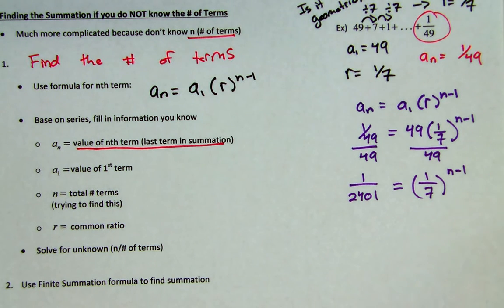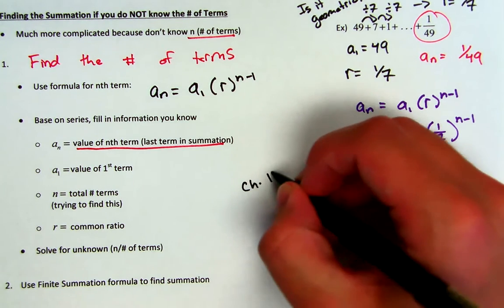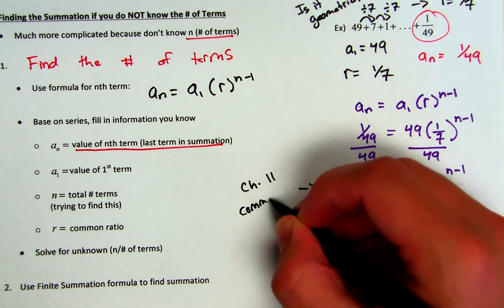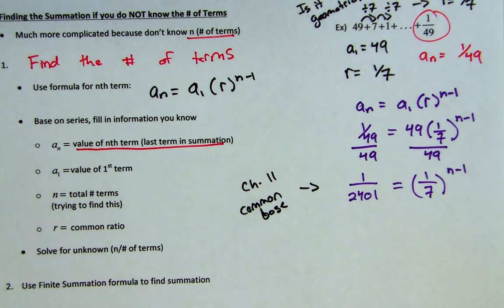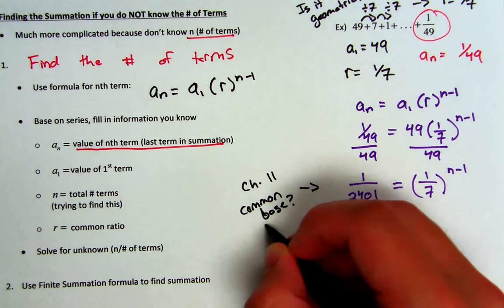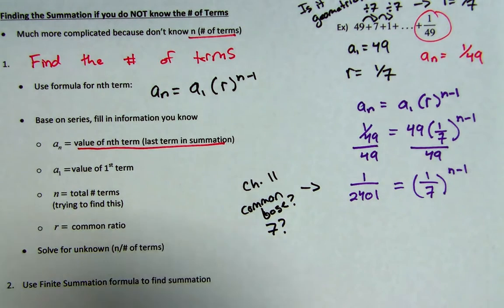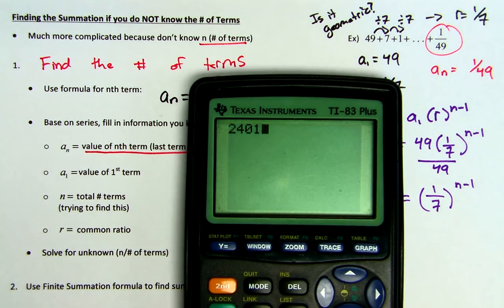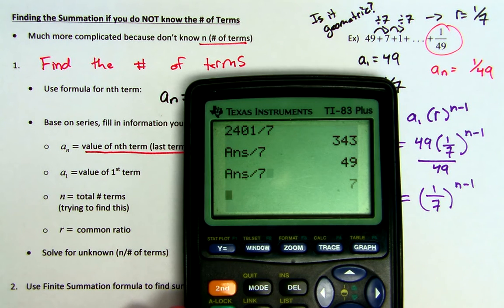Well, this is like the review from last chapter. From chapter 11, we need to find a common base, if we can. Typically, you can, otherwise you have to use logarithms. Well, common base, what can we use? Maybe 7. Well, is 2,401 some power of 7? Let's find out. Take 2,401, divide by 7, divide by 7, divide by 7.